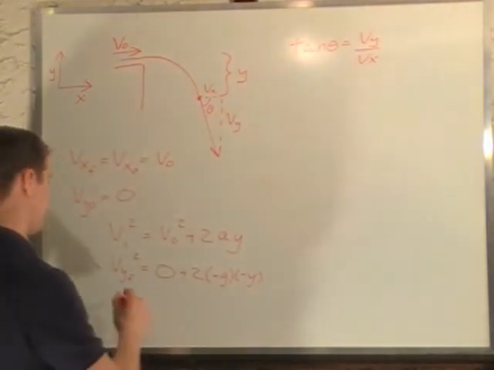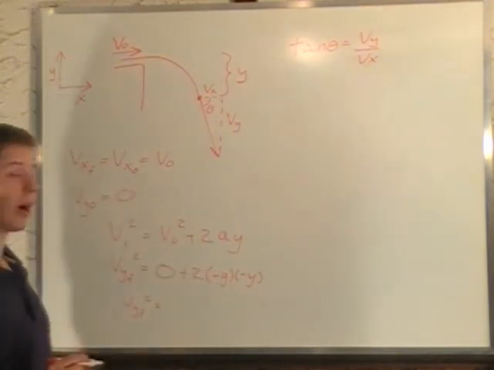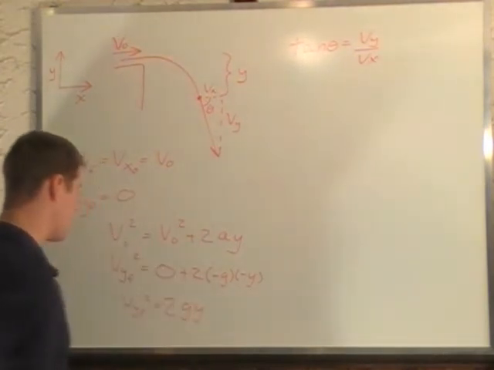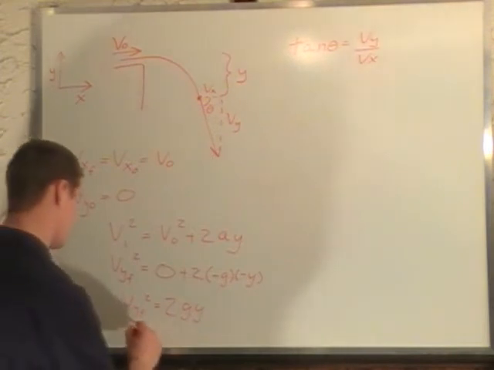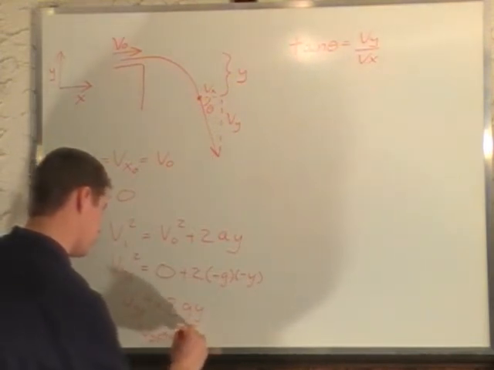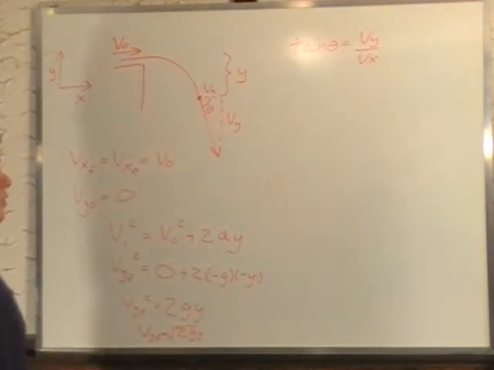So we have Vy final squared equals 2gy. So we take the square root of this, we get Vy final equals root 2gy.